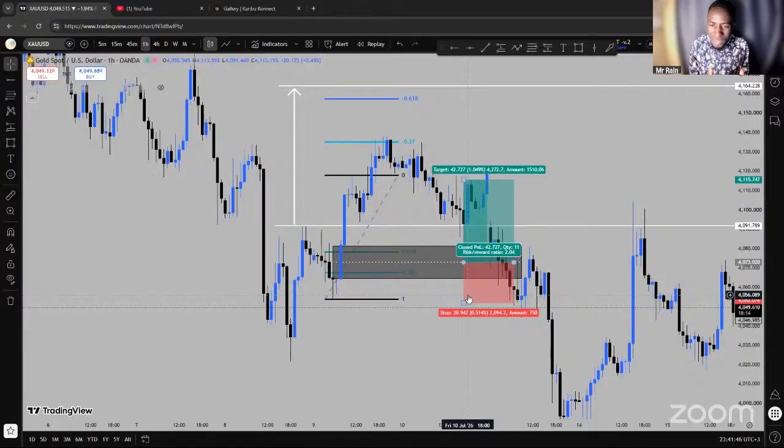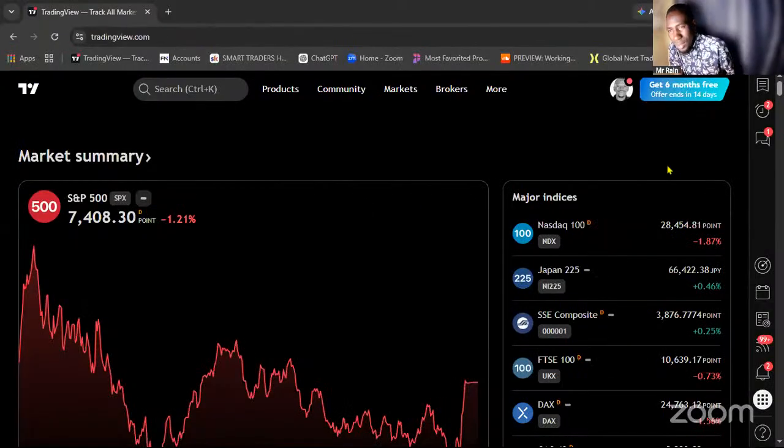When I find something clean like this, I like taking my trades at around the 0.786 because of that liquidity sweep. So I normally put buy limits, not stops. Buy limits. I use buy limits all of the time.